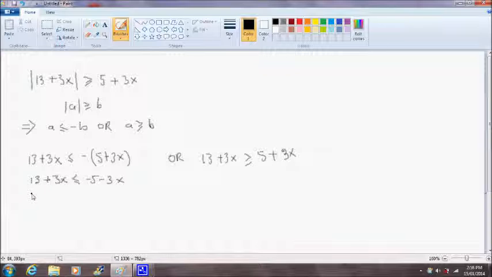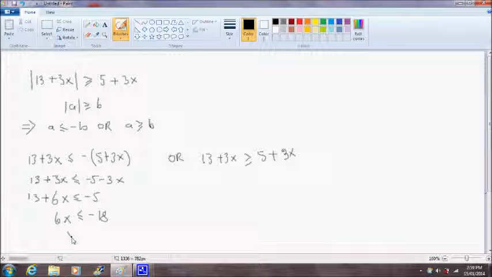So 3x plus 3x, that's 6x, is what we result in if we add both sides by 3x, and we get 13 plus 6x is less than or equal to negative 5. So adding 3x to this side gets rid of the minus 3x here. And now I'm going to subtract both sides by 13, which will leave us with 6x is less than or equal to negative 18.